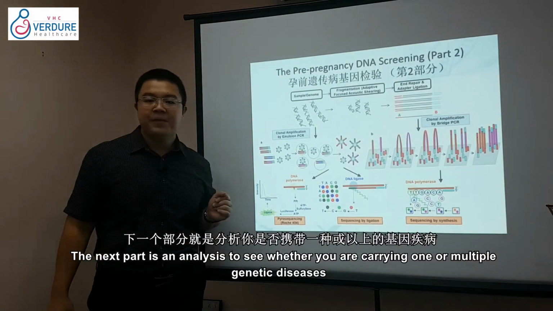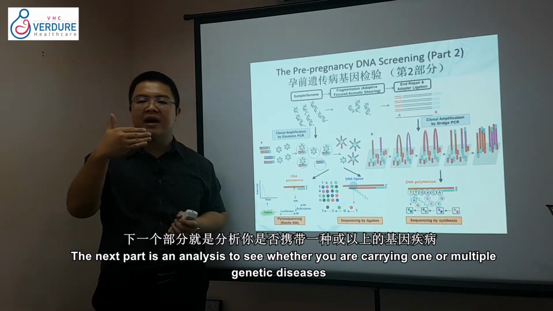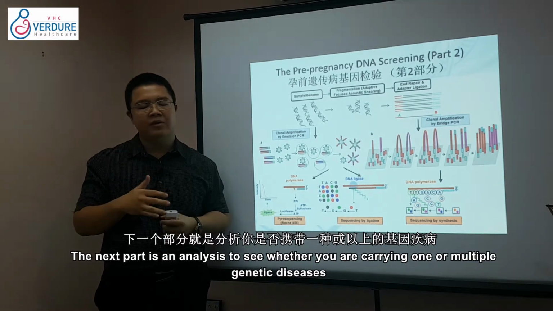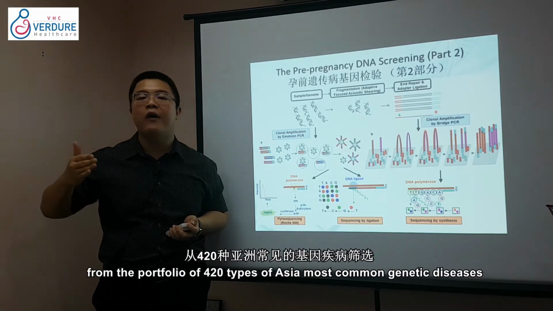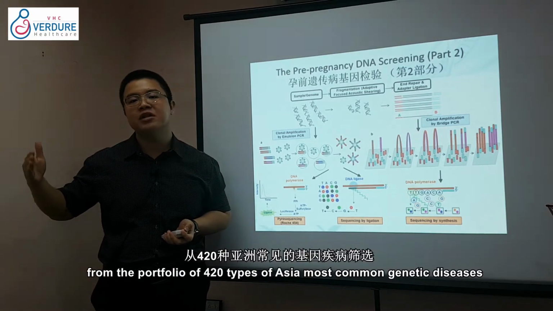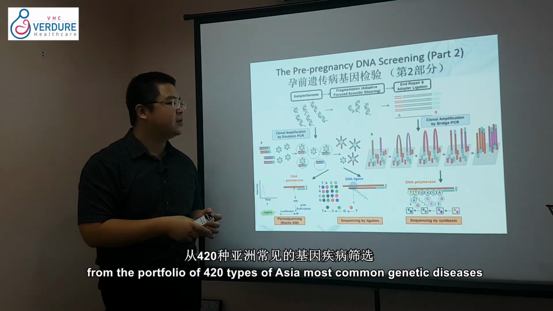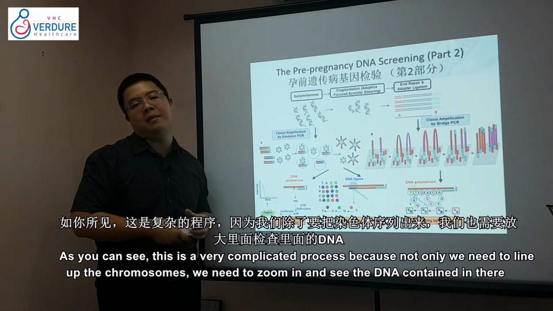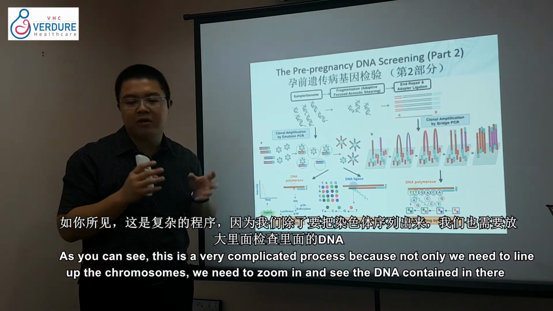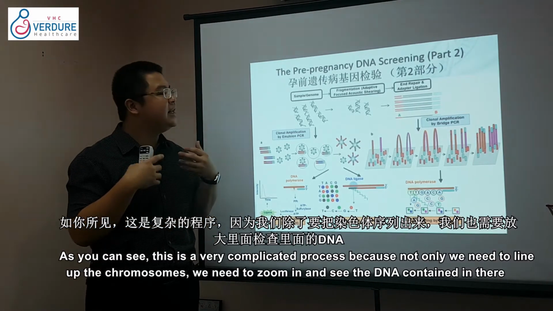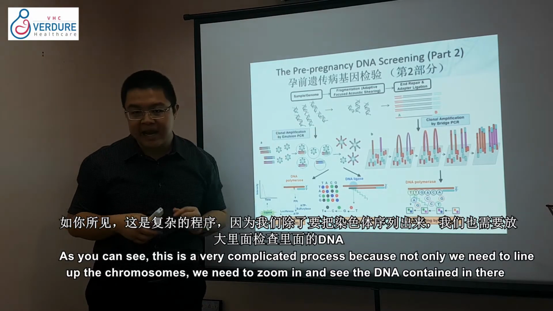Okay, so the next part would be the analysis of whether you are carrying one or multiple diseases from the portfolio of 420 of Asia's most common genetic diseases. As you can see, this is a very complicated process because not only do we need to put up your chromosomes and line them up, we need to zoom in and see the DNA that is contained in there.